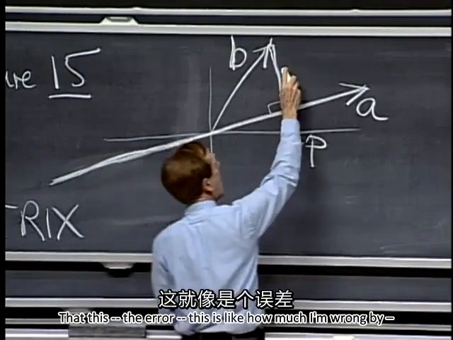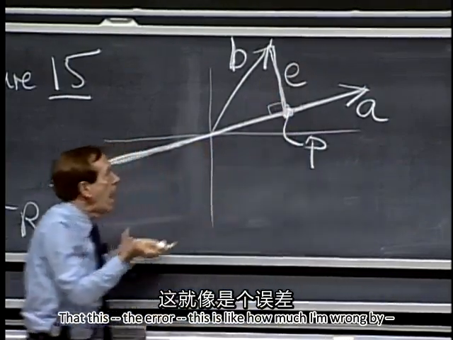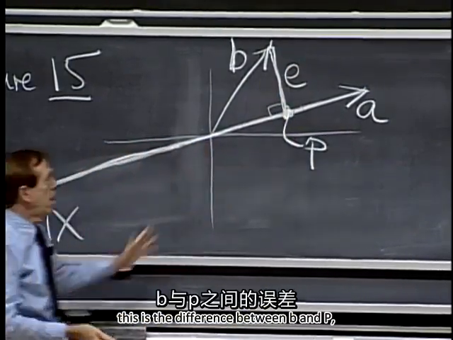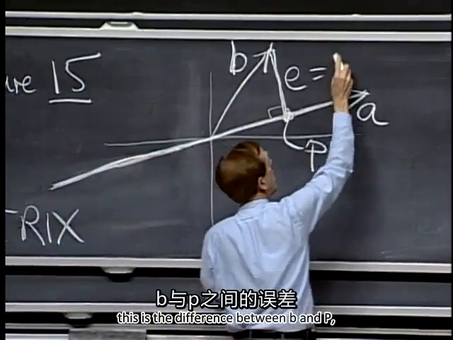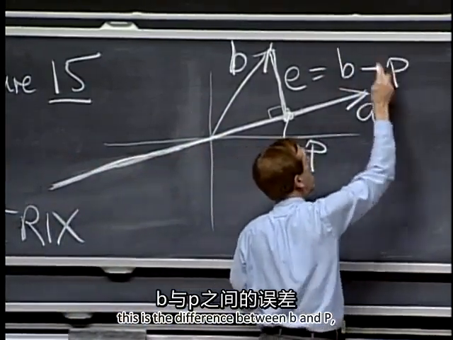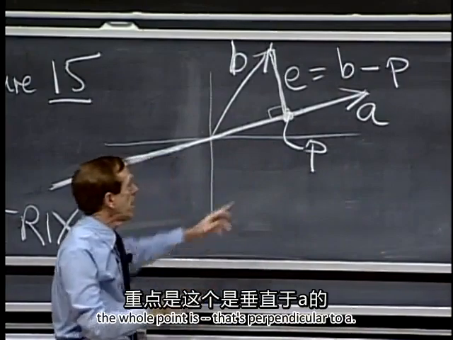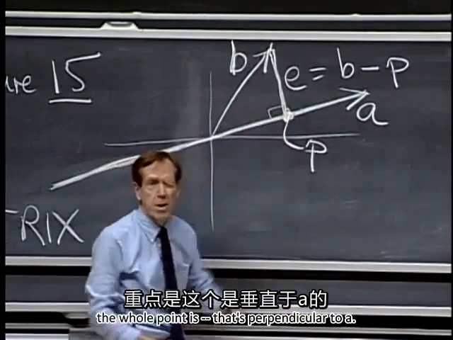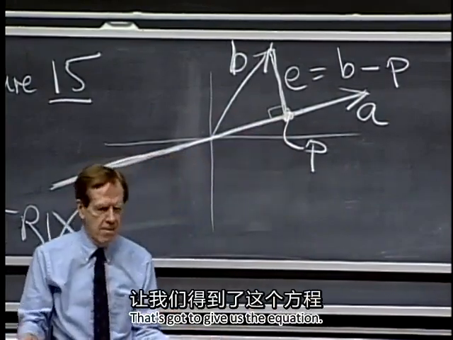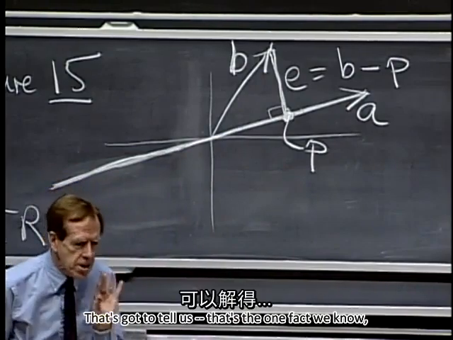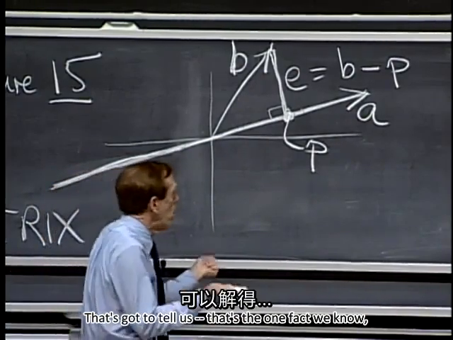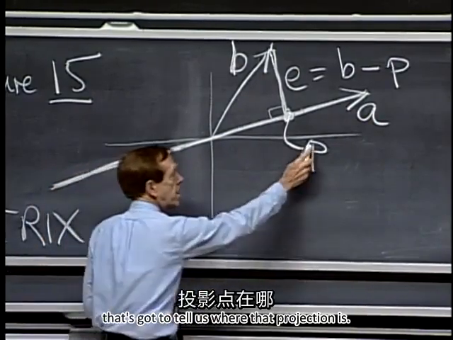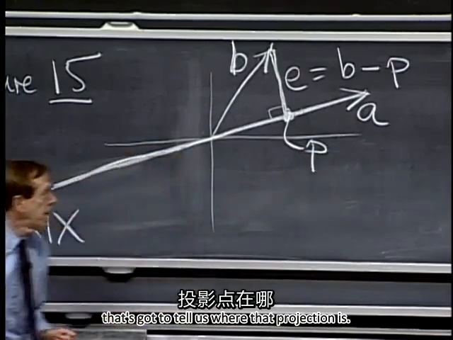That the error, this is like how much I'm wrong by. This is the difference between B and P. The whole point is that's perpendicular to A. That's got to give us the equation. That's the one fact we know, that's got to tell us where that projection is.